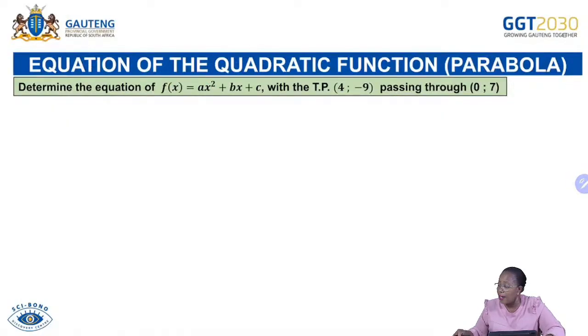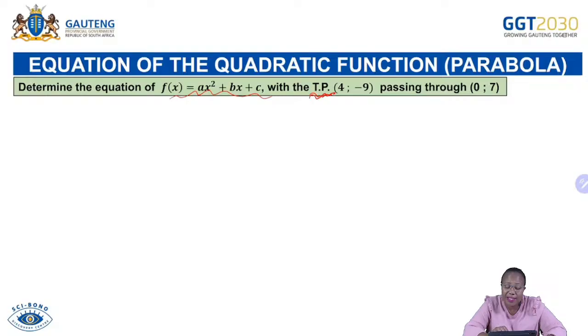Now, when finding the equation of the parabola functions, we still have two conditions, I think. Let's look at the first one. We are determining the equation of the original f of x equal to ax squared plus bx plus c with the turning point. This is very important, grade 12. Our turning point is 4 and minus 9.